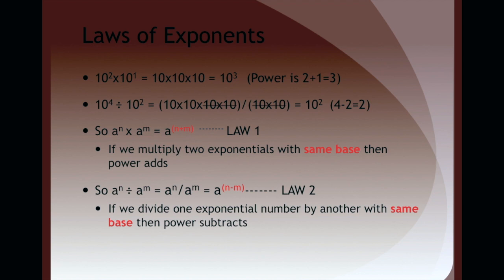So I think from our examples we can correlate and see laws 1 and 2. No need to memorize it, just see our example and you can find out that if two exponential numbers are being multiplied with the same base, then their powers get added. If one exponential number is dividing another exponential number with the same base, the powers subtract.